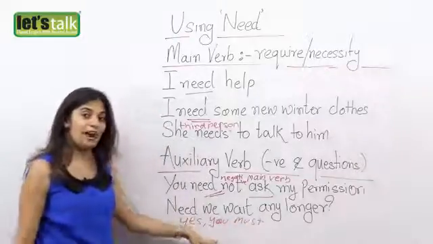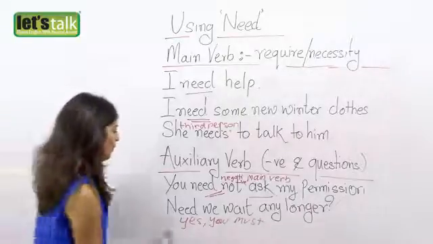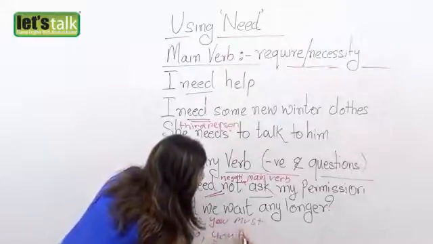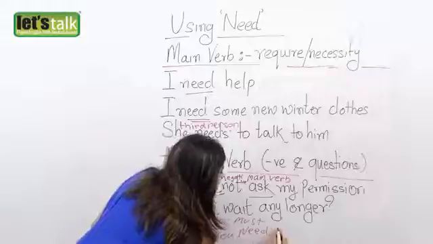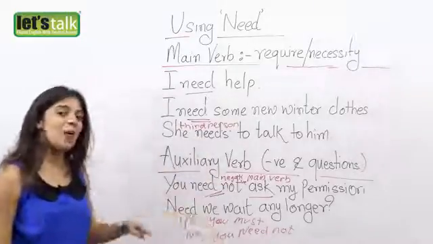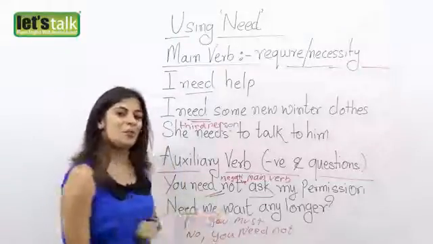And if your answer is negative to this question, then you would say, no, you need not. So now this explains how we used the word need as a main verb and as an auxiliary verb.